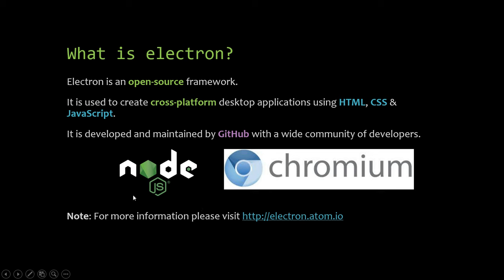So now you know that Electron is built on top of Node.js and V8 engine of Chromium. Now you all know that you can create cross-platform desktop applications using HTML, CSS and JavaScript with Electron.